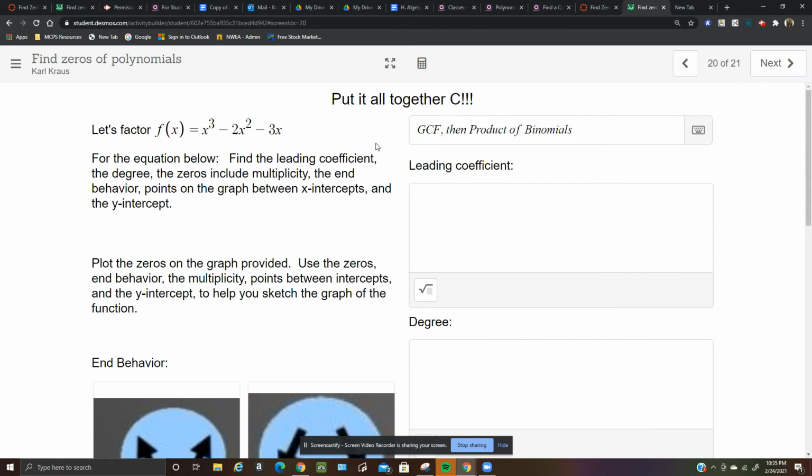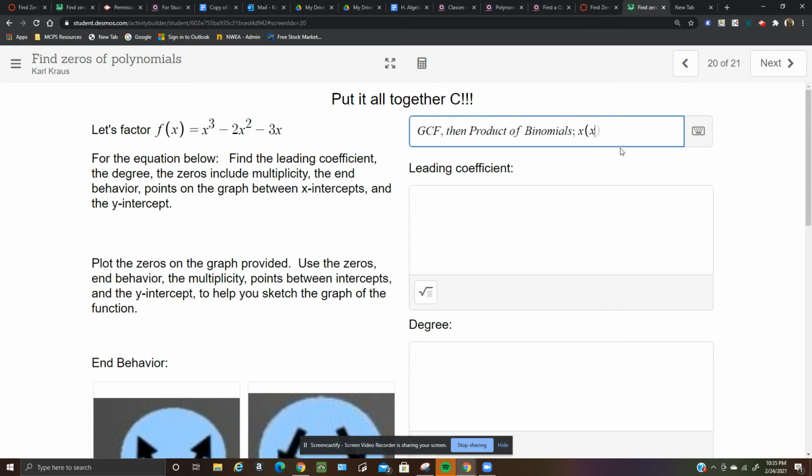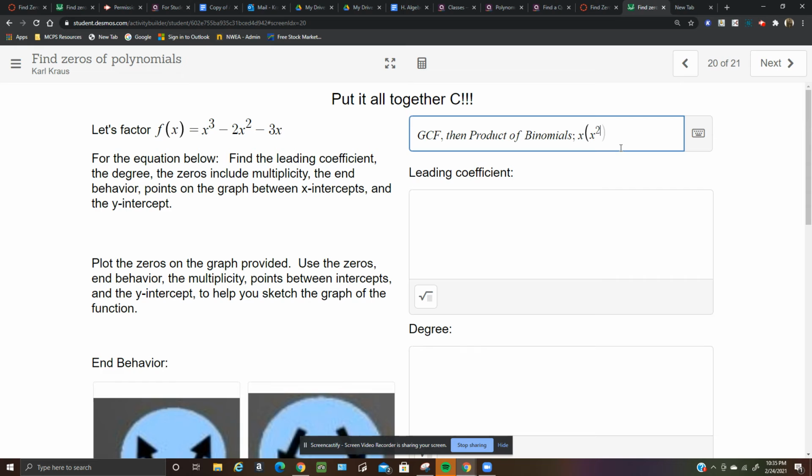And then 20, you want to do the GCF and then product of binomials. So the GCF is x, and you get x squared minus 2x minus 3, and then you want to take the factors of this.